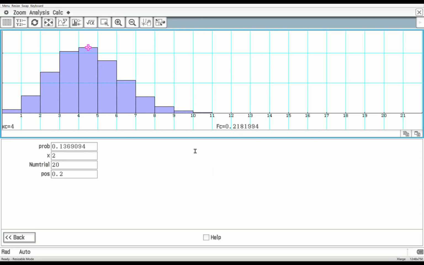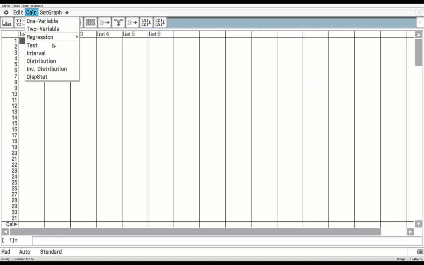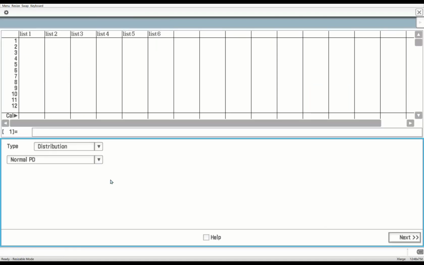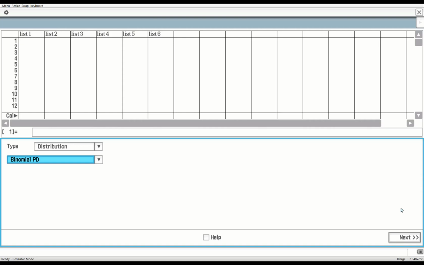What I'm going to do now is do the same thing, but I'm going to change the probability of success to 0.5. So let's go back to our application statistics, calculator, distribution, change it from normal distribution to binomial PD, put in a random value of x, let's say 2 again, number of trials is 20, but the probability of success is 0.5.